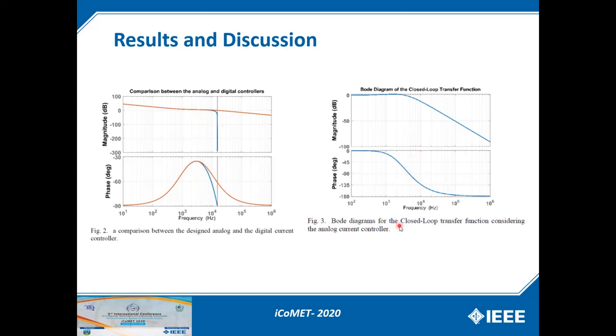And here we have the Bode diagram of the closed loop transfer function considering the controller. We can see here, even though there is a minimal disturbance, that there is actually a large bandwidth of this controller, which is able to make the D-STATCOM operate at 60 Hz, which is its nominal frequency.